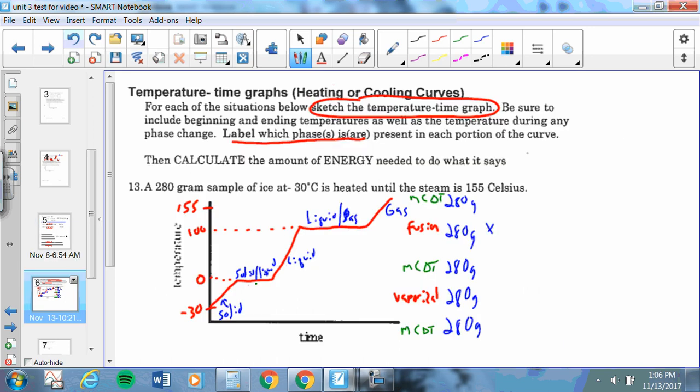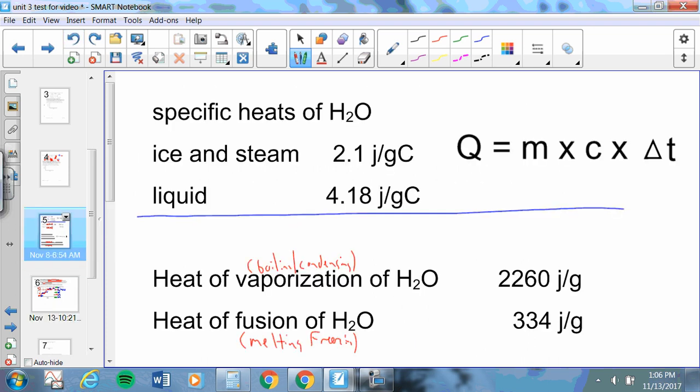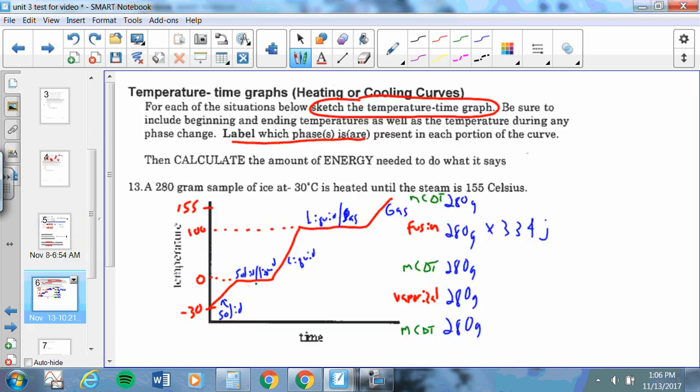So that's going to be times 334 joules. For vaporization, every gram requires 2,260 joules. So I'm going to write times 2,260 joules there. The other portions are M, C, delta T.